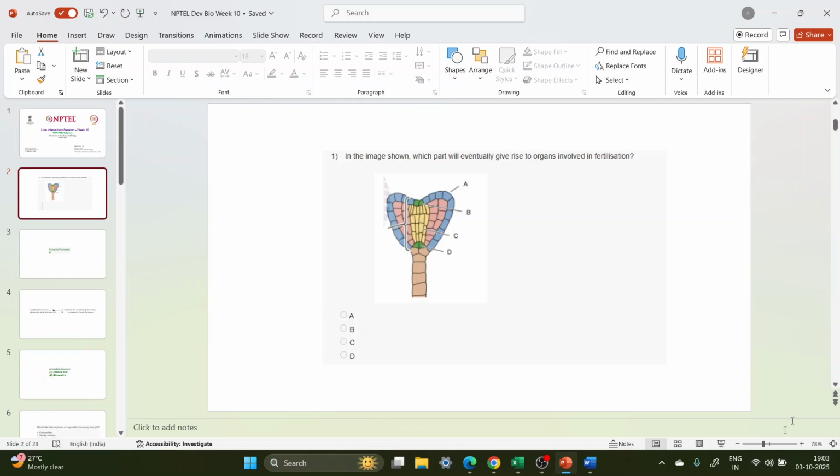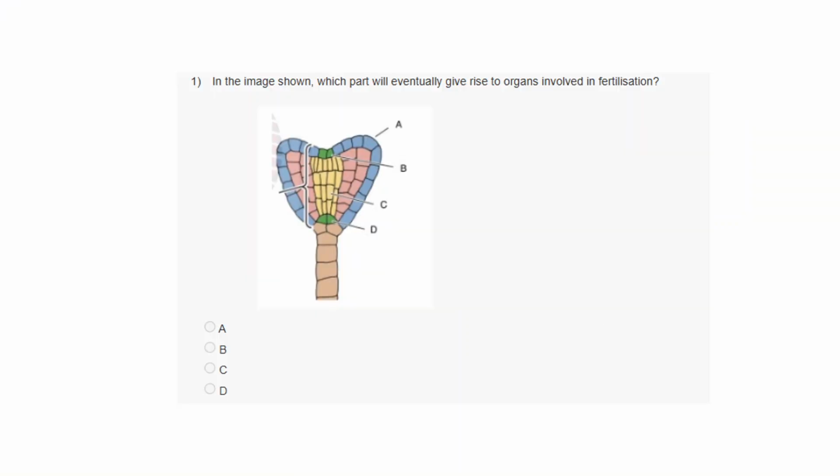Okay. So the question says, in the image shown, which part will eventually give rise to organs involved in fertilization? This image that you can see on the screen is actually a floral meristem in longitudinal section.